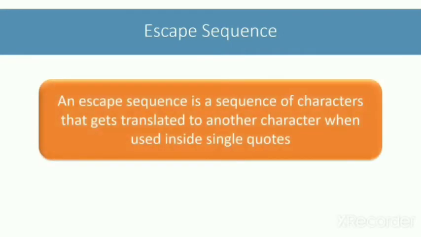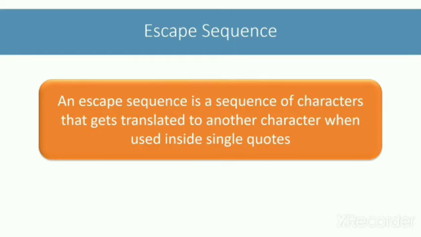An escape sequence is a sequence of characters that gets translated to another character when used inside single quotes. We can specify a character which is difficult or impossible to represent directly using its escape sequence. The escape sequence starts with a backslash followed by one or more characters that determine the interpretation of the escape sequence.